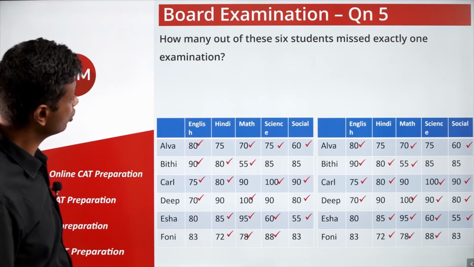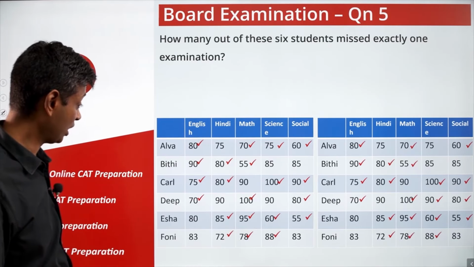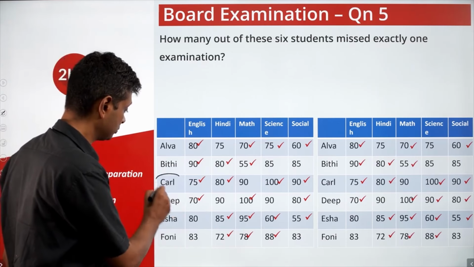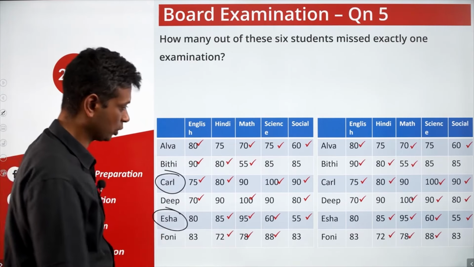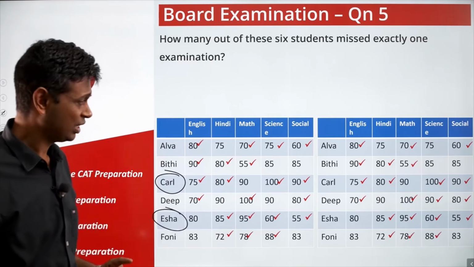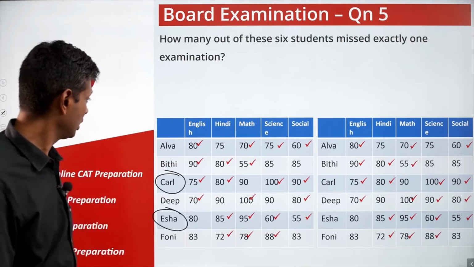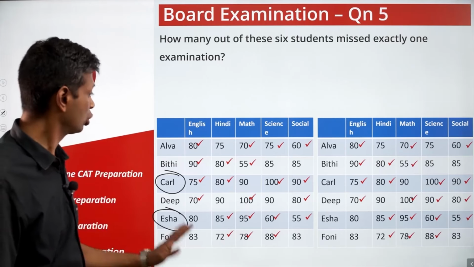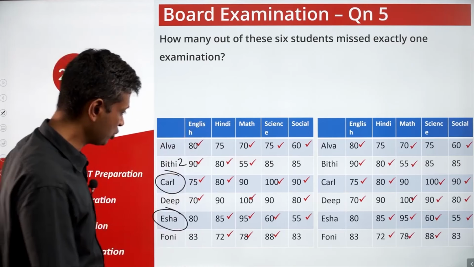How many out of the 6 students missed exactly one exam? Carl missed exactly one. This we know for sure. Isha missed exactly one. Carl misses only math. Isha misses only English. Those two we know for sure. Bysi missed 2. That we know for sure. Fani missed 2.